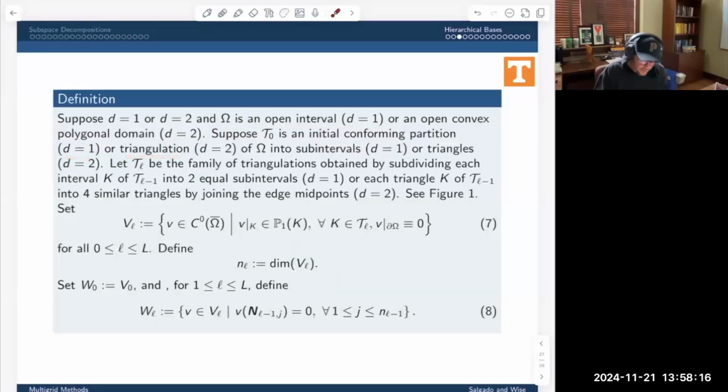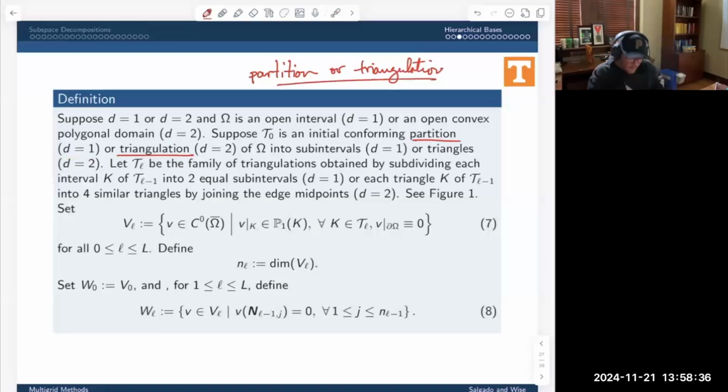I guess I called it partition in d equals 1 and triangulation in d equals 2. I'll go back and check just for consistency. But anyway, suppose that I break this interval in 1D up into a bunch of triangles, or take my original polygonal domain in 2D and break it up into a bunch of triangles. Either way, it can always be done.